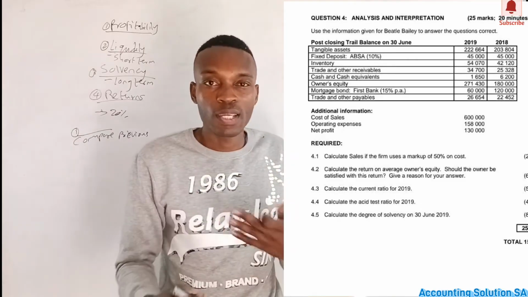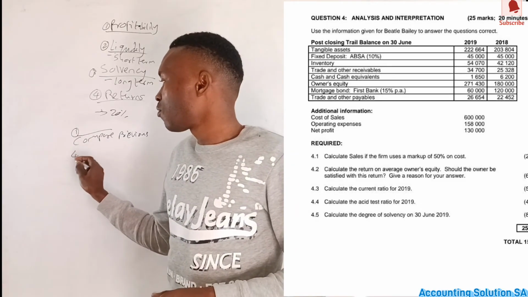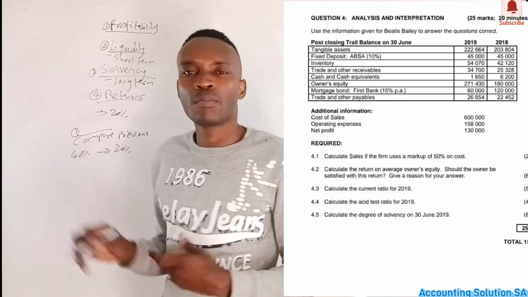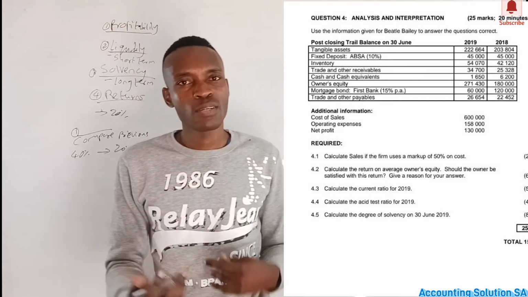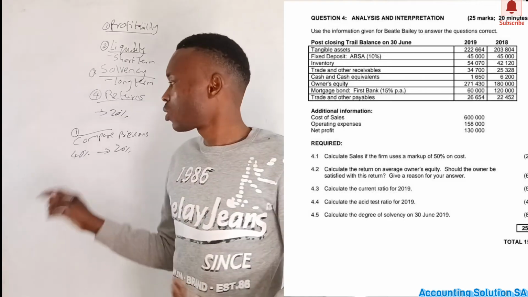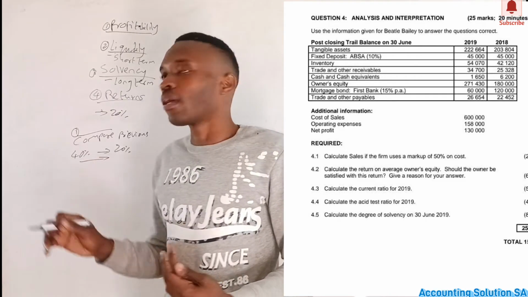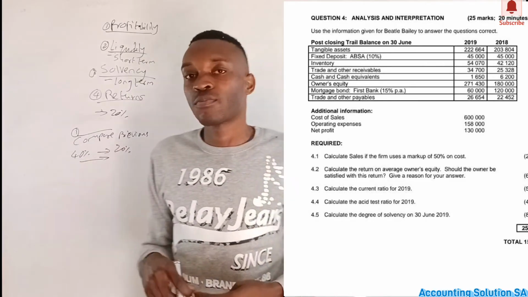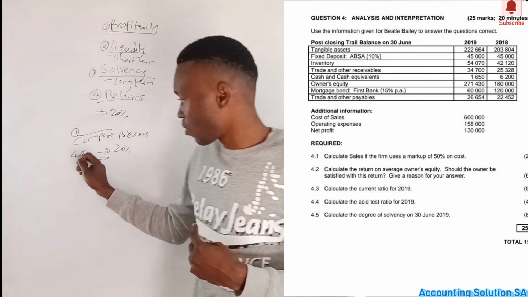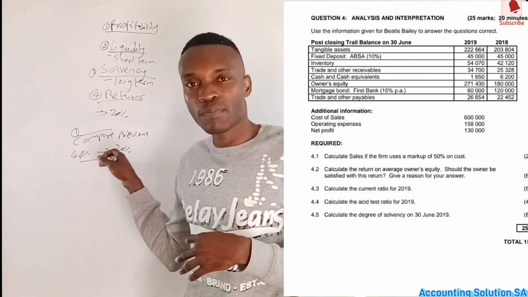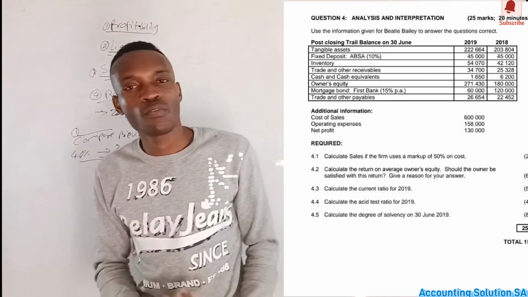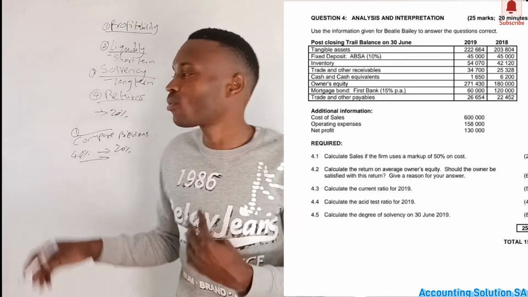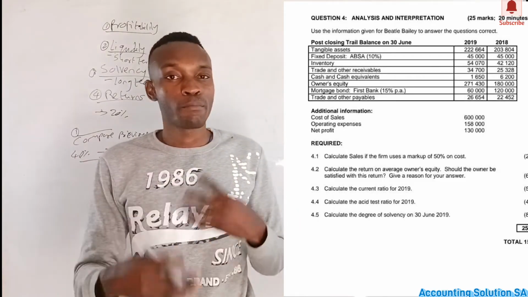Let's say in the previous year the owner was getting 40% return, and this year is getting 20%. Is he going to be satisfied with the return? Obviously no, because there is almost a half decrease, from 40% to 20%, which means that the owner obviously is not going to be happy, because he's going to get a way lesser amount than he was getting in the previous year.